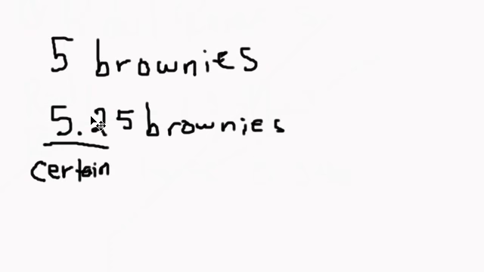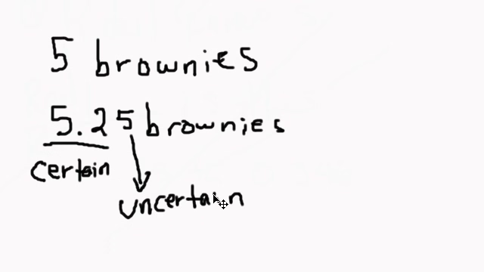But this last number right here is uncertain. You don't know if that number was rounded, because what a lot of people tend to do in life is they tend to round numbers. And that's where the uncertainty comes in. So now I'm going to do a couple of examples.